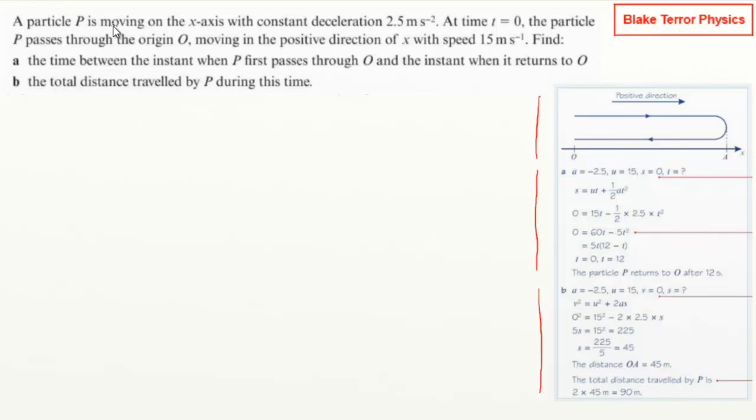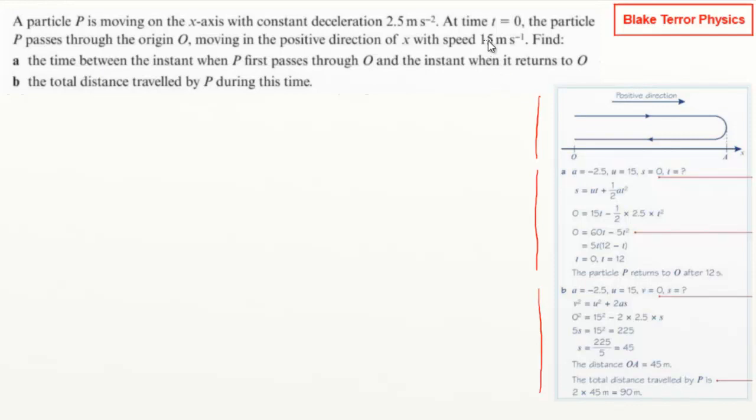We've got a particle P moving on the x-axis with constant deceleration of 2.5 meters per second squared. At time t = 0, the particle passes through the origin O, moving in the positive direction, with speed 15 meters per second. Find the time between the instant when P first passes through O and the instant when it returns to O. This is like what we had in the last question.